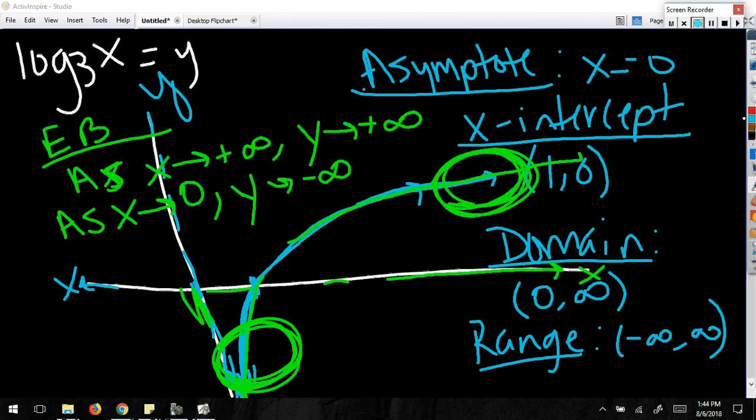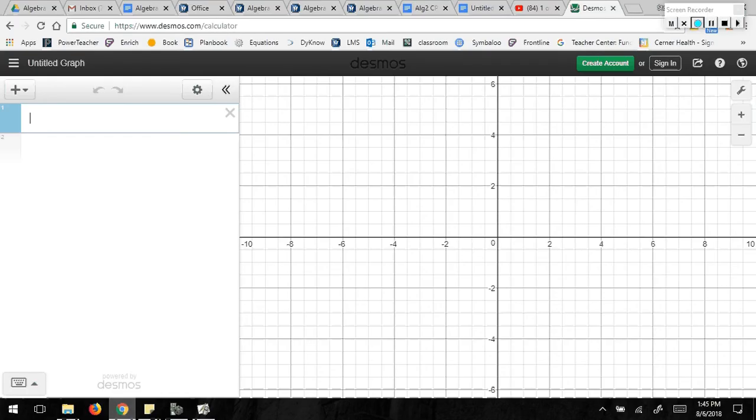Now, I hope you can use all these tools to analyze on your own, given a graph. Let's say that, however, you might not have a graphing calculator. There is a site, Desmos.com, where you can come and you can type in your equation.